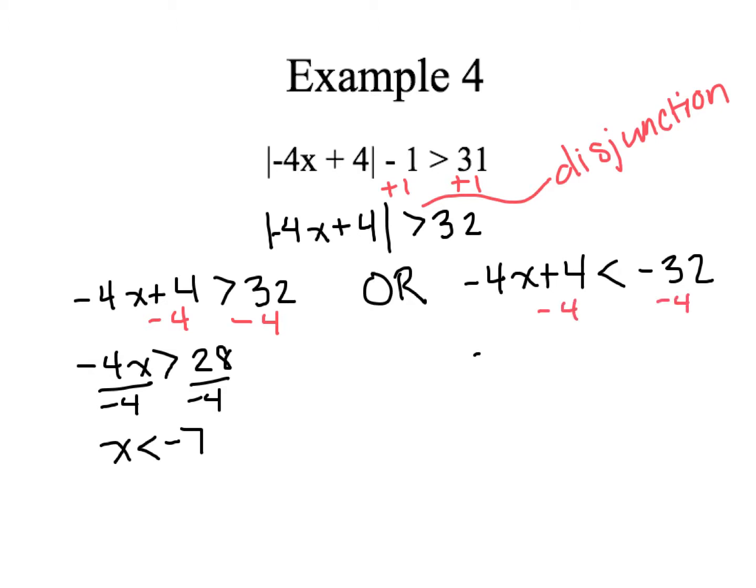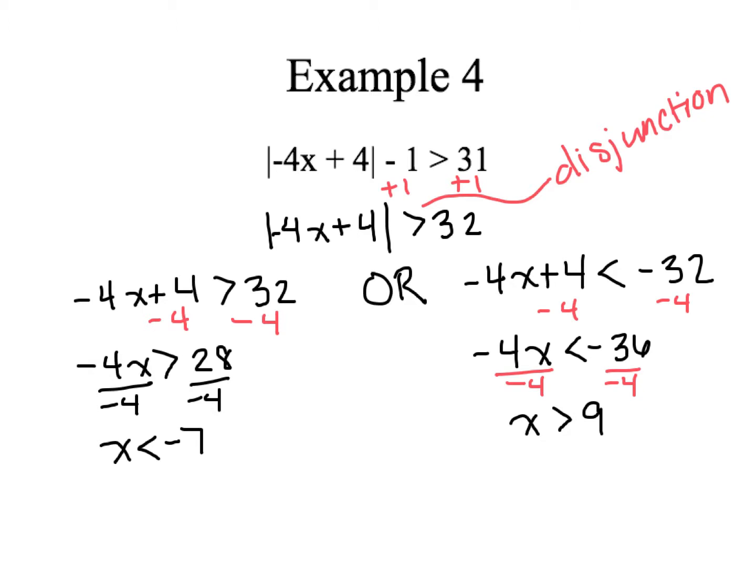Get negative 4x is less than negative 36. Oops, sorry, negative 36. Divide both sides by a negative 4. So I get x is greater than 9.